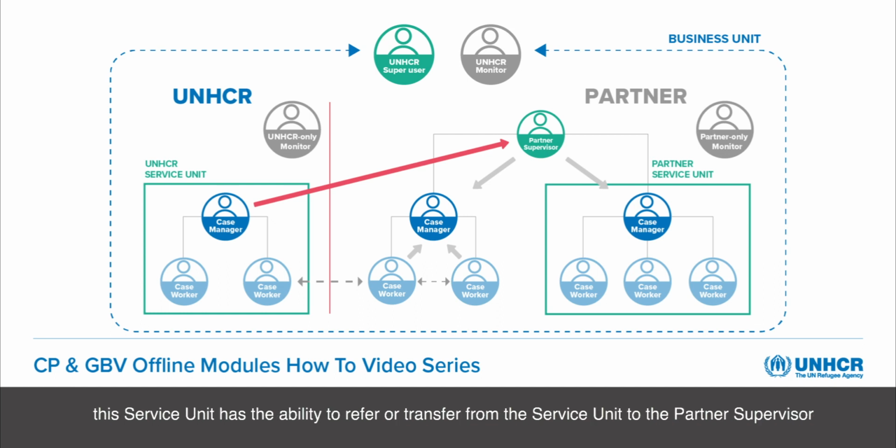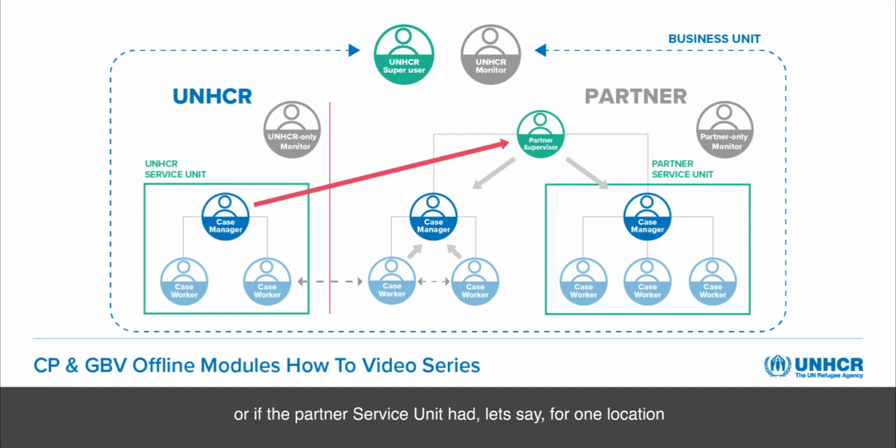This service unit has the ability to refer or transfer from the service unit to the partner supervisor, who would then be able to designate who within the partner would be able to access it, or if the partner service unit had, let's say for one location, a service unit, that they could then refer or send that to, let's say, the case manager in this location, who would then assign this to a caseworker.